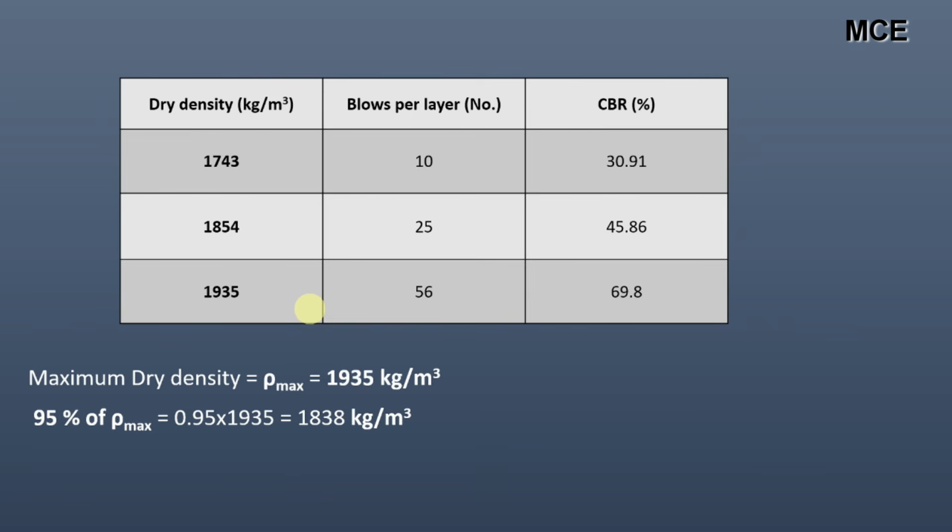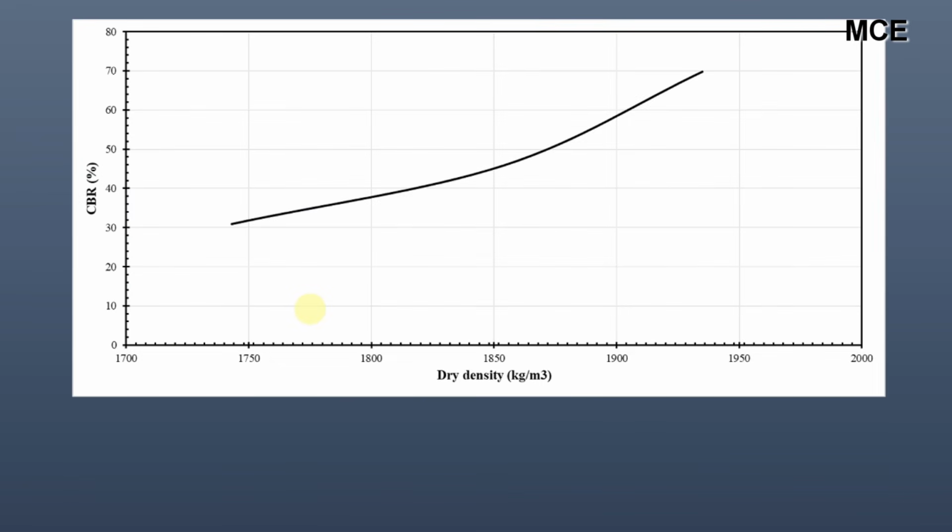Now we will plot a graph between dry density and the CBR value. That is, the dry density will be plotted on the horizontal axis and the CBR value on the vertical axis, and we will get a curve like this for these 3 values of dry density versus CBR. Now the 95% of the maximum dry density value will be plotted on this curve here.